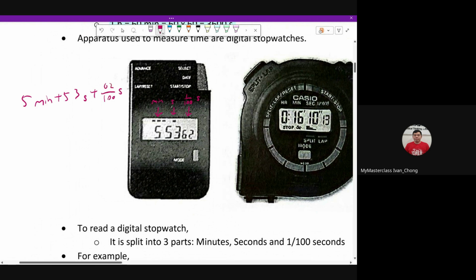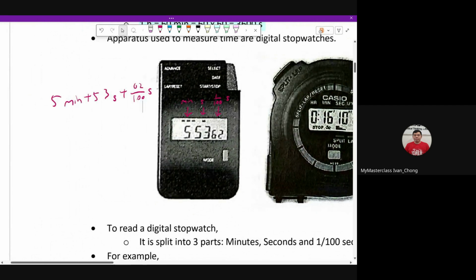Okay, so this is not milliseconds, don't make that mistake. So how do we solve this? We will leave it as it is, and then we'll add. So this one, 0.62. So you end up with 353.62 seconds. Now, for this one, we don't need to round up because this is already in the correct format.